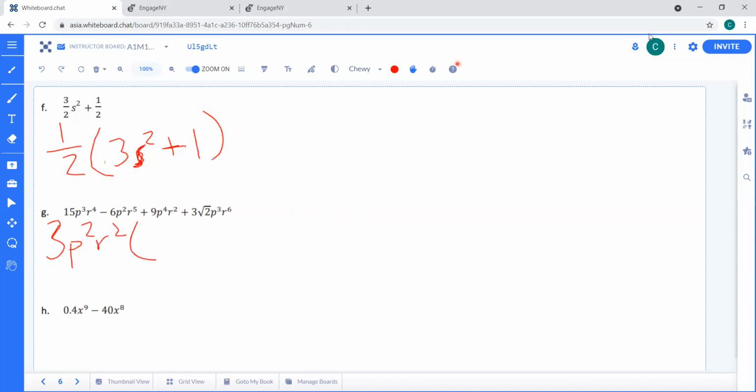And if we do that, 15p cubed r to the 4th would be 5p r squared. Minus 6p squared r to the 5th divided by 3p squared r squared is going to be minus 2r to the 3rd. Plus 9p to the 4th r squared divided by 3p squared r squared is going to be 3p squared.